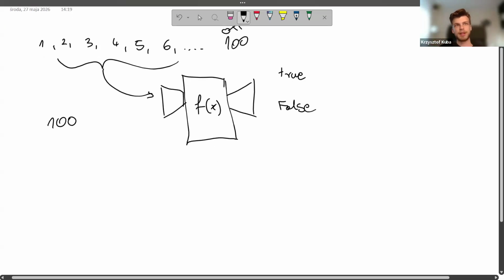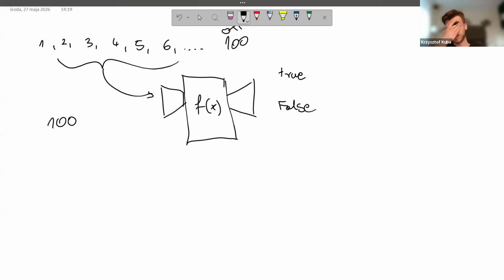But in quantum computing, we expect to do it faster. And the question for you is, how much faster do you expect it to be? I will write in the chat how many queries you would need, and you can vote for your answer, and then we will discuss it.